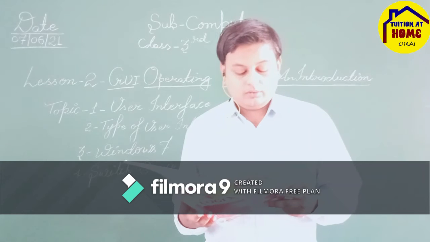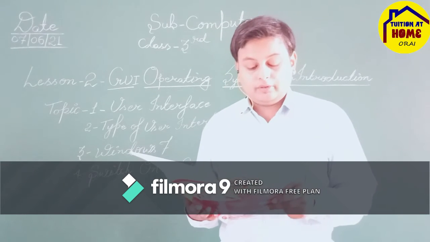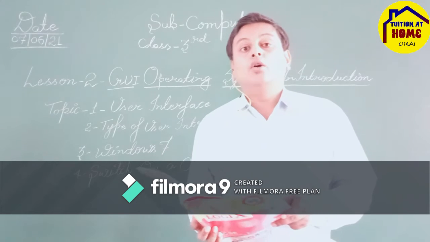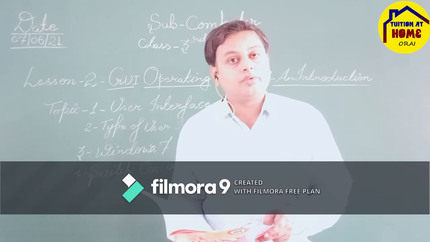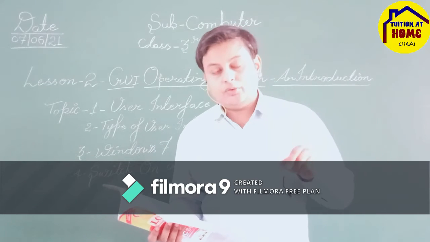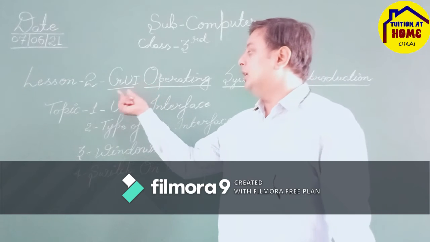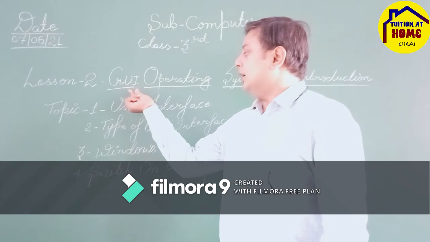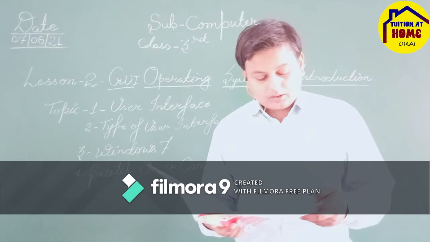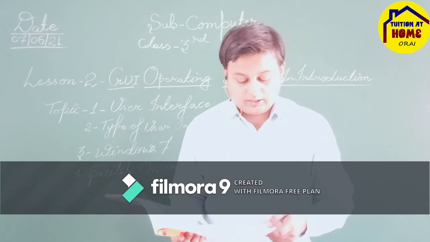We are going to discuss both CLI and GUI, but first we have to learn the full form of CLI, command line interface, and then GUI, as I told you in the starting of the video, the full form of GUI is graphical user interface.